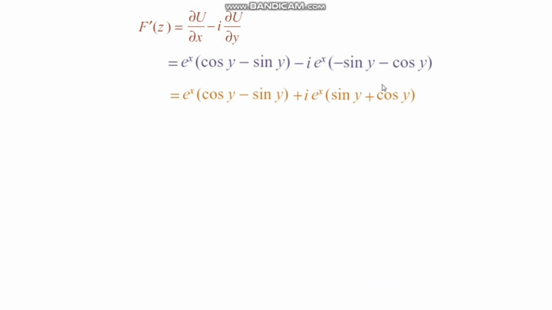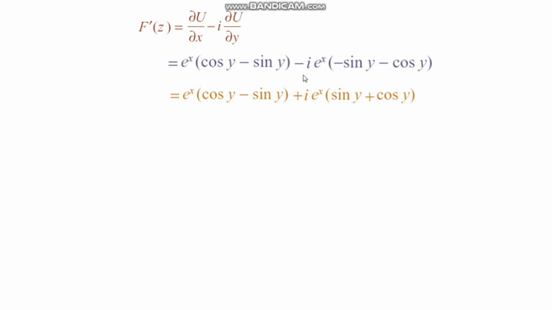F'(z) = ∂U/∂x − i ∂U/∂y. ∂U/∂x has the value e^x (cos y − sin y), minus i times ∂U/∂y, whose value is e^x (−sin y − cos y). There are multiple signs, so simplify this imaginary part of the function.